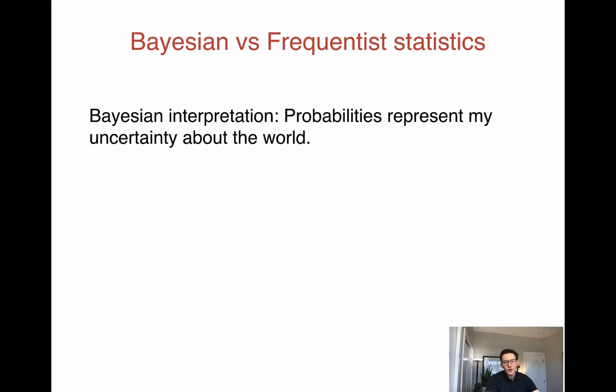And as we gain more information, maybe I read more papers, maybe I do some experiments, that probability may change. As I gain some more evidence in favor, maybe it will increase. And if I gain some evidence saying that there's no link, maybe that decreases. So again, probabilities represent my uncertainty about the world, and my probabilities will differ from your probabilities because we have different information.